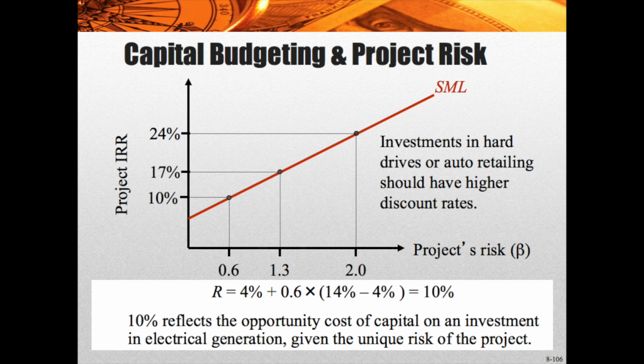In this case, you can see how this plots out on capital budgeting and project risk. The project internal rate of return for the beta would be at 10%. The conglomerate overall rate of return for the beta of 1.3 for the overall conglomerate is 17%. We got that from CAPM. And of course, 2.0 would be a very high-risk project, which would have an internal rate of return hurdle at 24%.